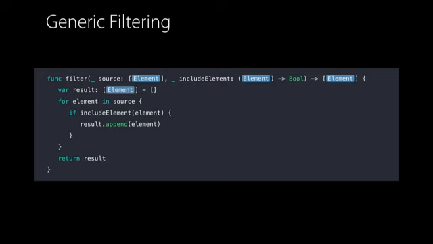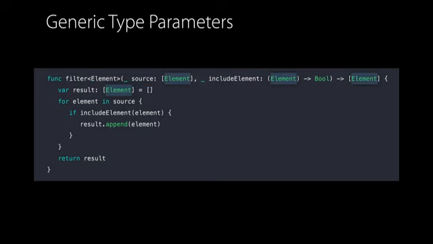The actual type is determined when the function is called. Here we filled in the placeholders with a generic type parameter called Element. And so that you can tell the difference between type parameters and actual pre-existing types like String or Int, you write the type parameters up front inside of the angle brackets right after the function's name. And now you have a generic filter function that works with an array that contains any type of values.